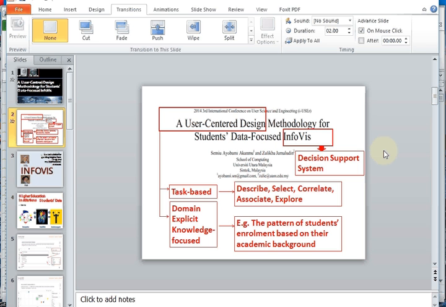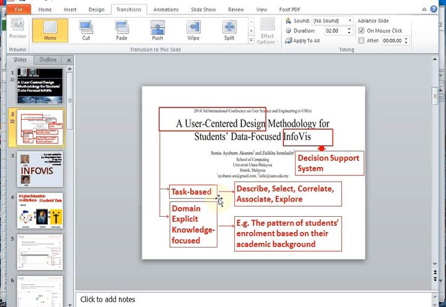A user-centered design basically shows that in designing this InfoVis, the users must be involved. The design is focused in meeting the needs of the users. Though this need, in this case, are basically into two parts. First is the task.